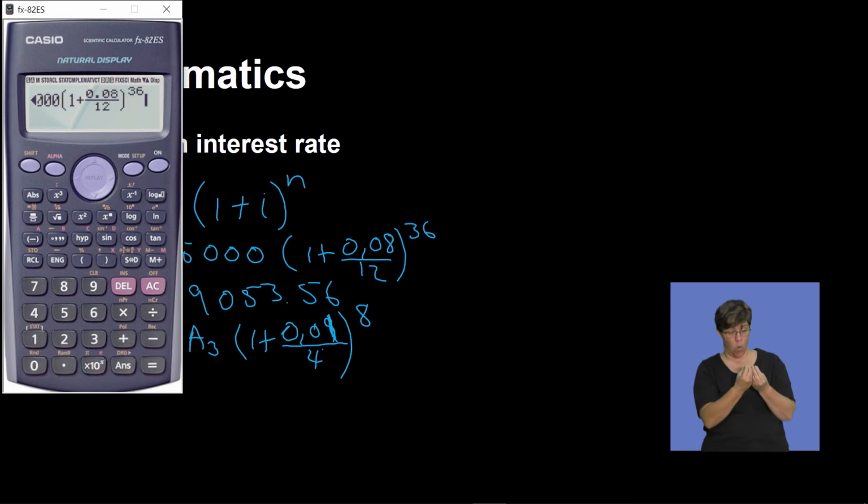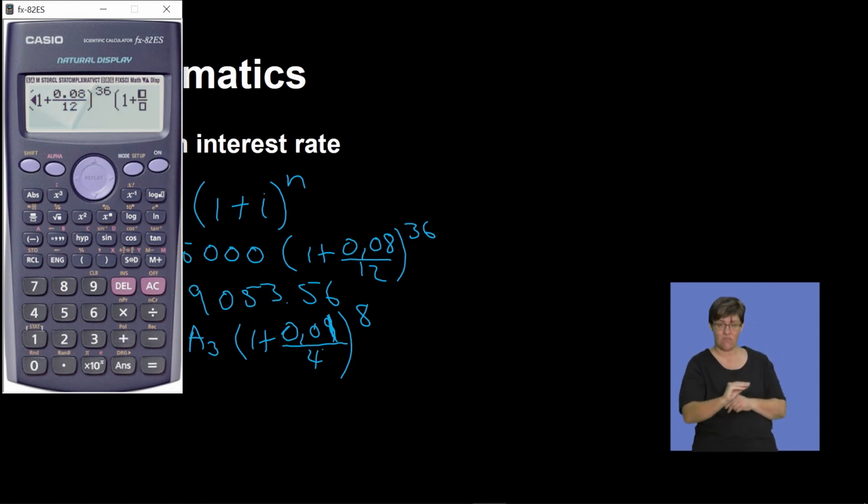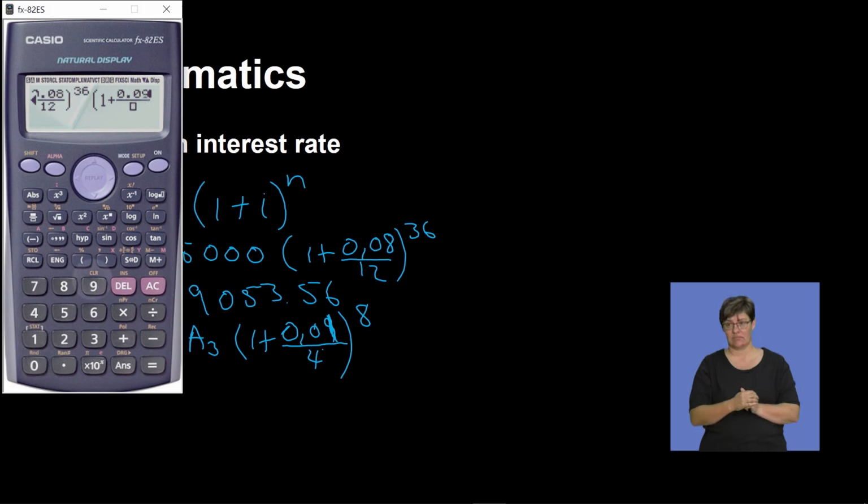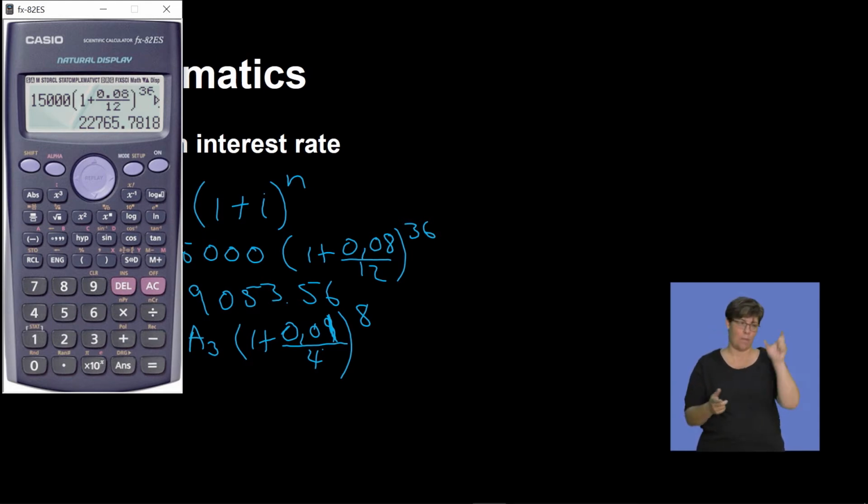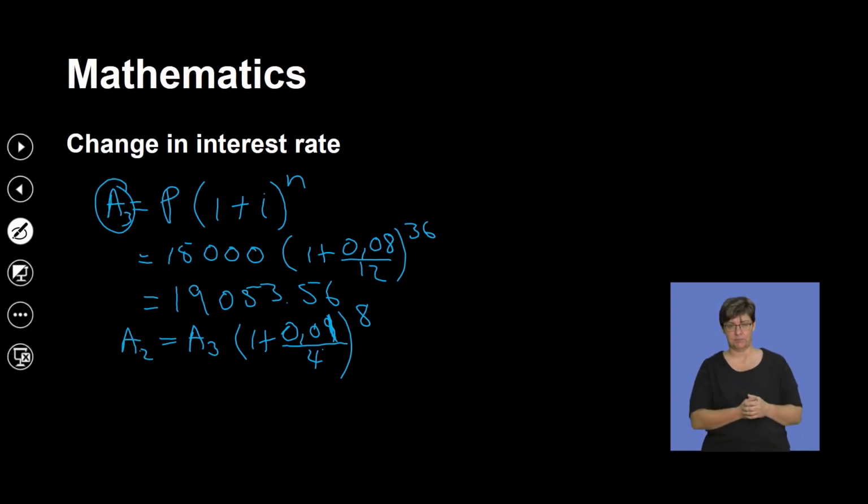But this whole amount was reinvested because he left it in the bank, at an interest of 9% over 4 because it was compounded quarterly, and this was for the last 2 years, right? Voila, it gives us the very same answer. Easy peasy, lemon squeezy. So you can just do one long calculation, because you're moving forward, or you can do it in bits and pieces, depending on your comfort level.